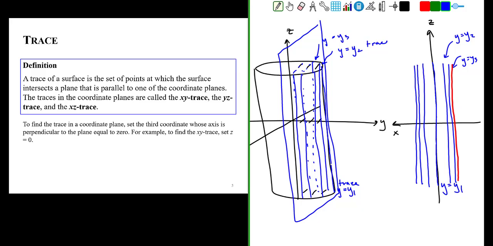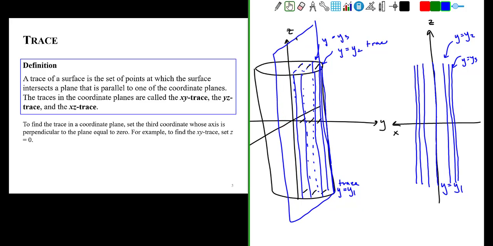So notice how we keep taking our plane that's parallel to the XZ plane, and we end up getting some lines of intersection. And those lines of intersection that the plane makes with the cylinder are what we call traces. In this case, we've just sketched some traces of a cylinder.